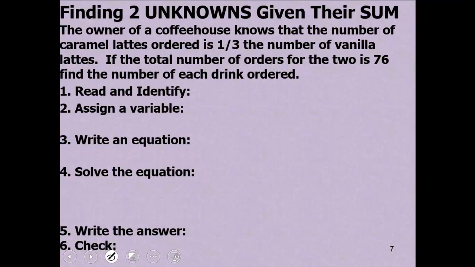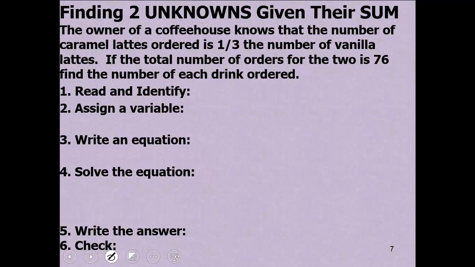Okay, here we go. I'll read it out loud and then you hit the pause button. The owner of a coffee house knows that the number of caramel lattes ordered is 1/3 the number of vanilla lattes.